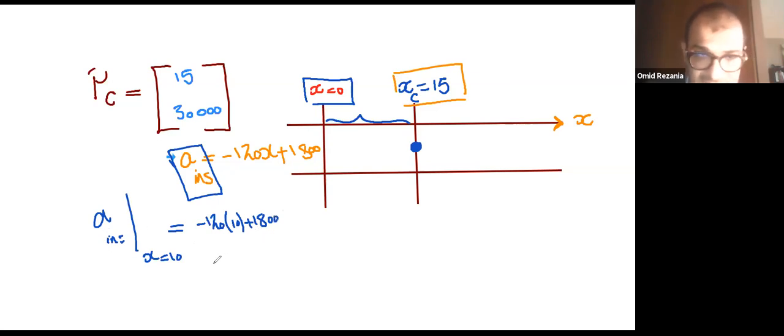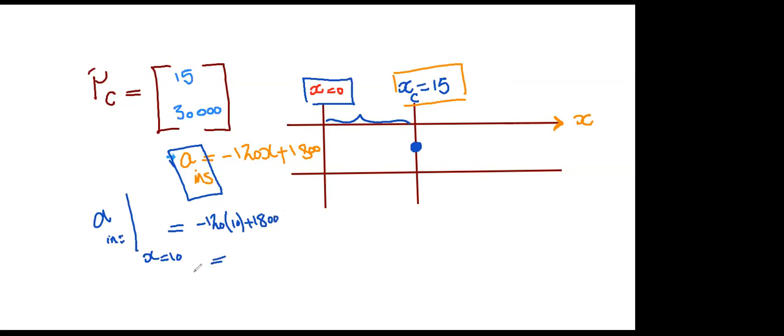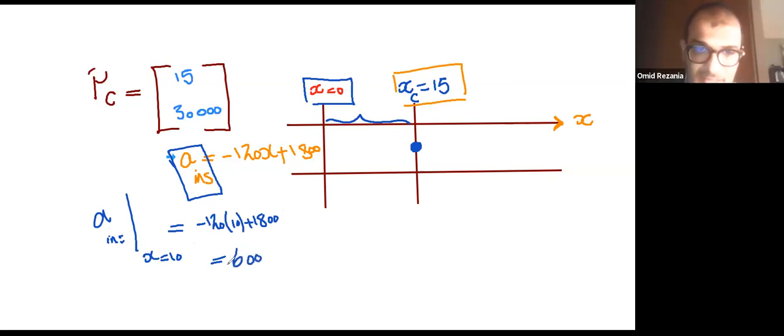How much is that? 600. That's so true. Thanks, Anna. It's going to be minus 1200 plus 1800, which is 600, something positive. It's not negative, it's not 0, it's positive.